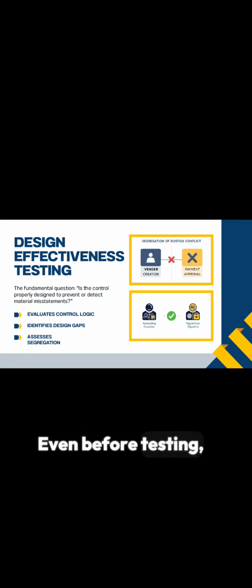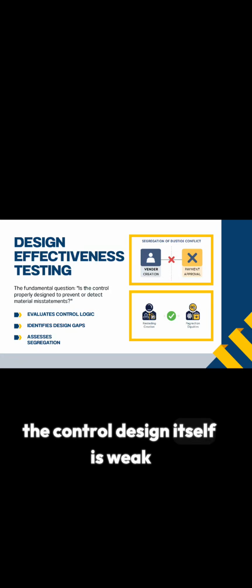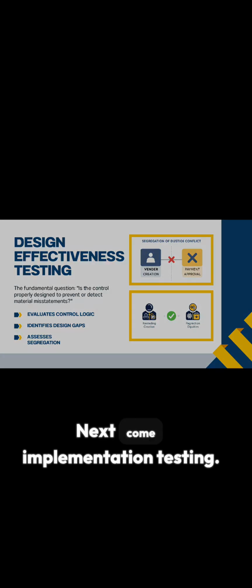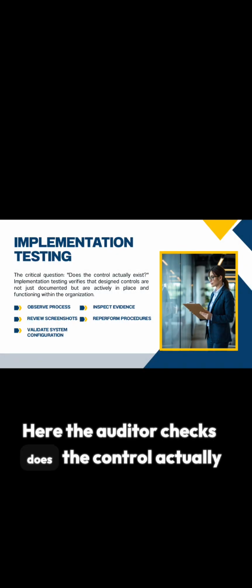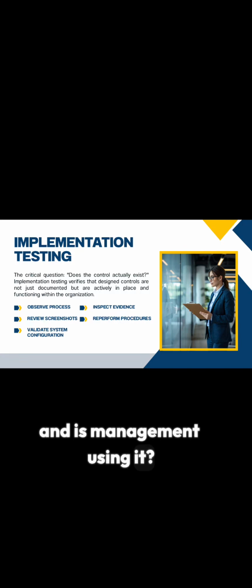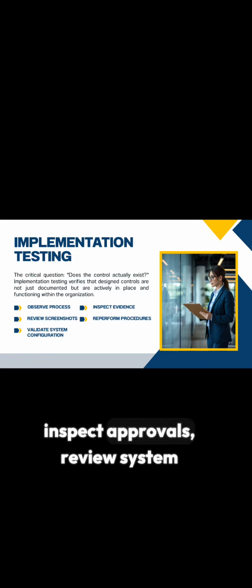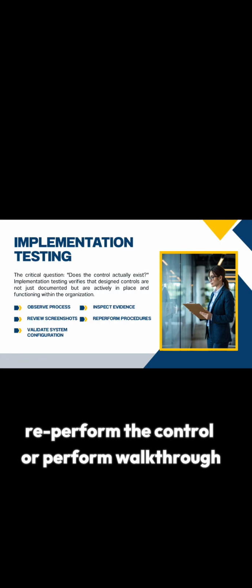Even before testing, the control design itself is weak because segregation of duty does not exist. Next comes implementation testing. Here, the auditor checks does the control actually exist and is management using it. The auditor may observe the process, inspect approvals, review system evidences, re-perform the control, or perform walkthrough procedures.